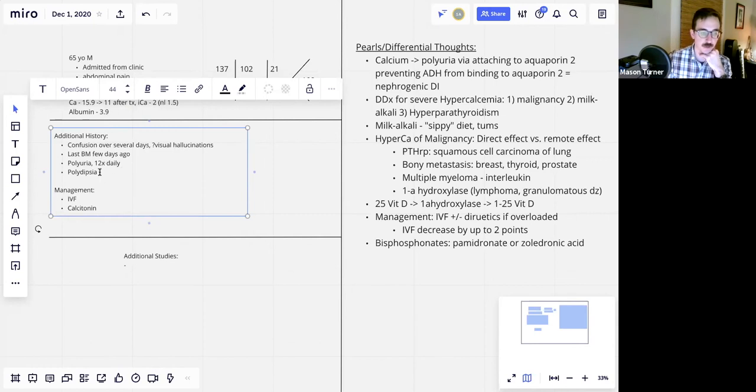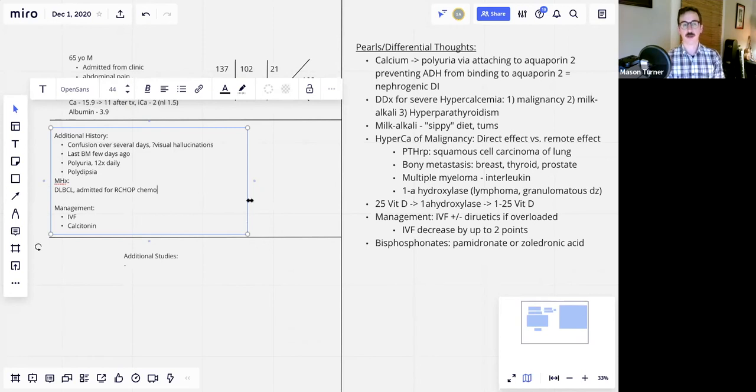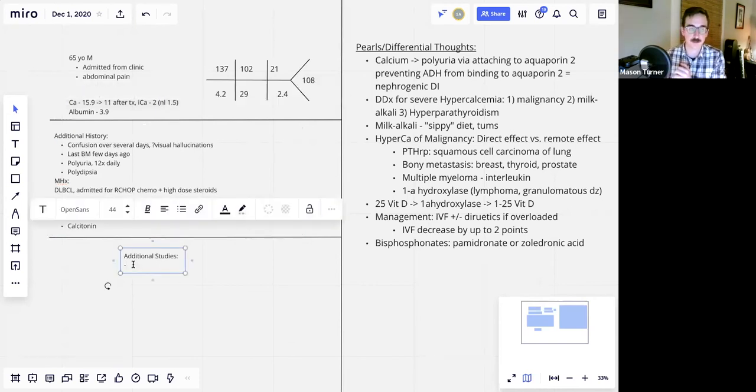So this was a gentleman with diffuse large B-cell lymphoma. He was admitted for R-CHOP chemotherapy the first time I saw him early in the month. And his calcium was uptrending just a little bit then. And we were treating him with chemo along with high dose, a component of which was high dose steroids. And actually, when we saw that uptrending calcium, Dr. Centaur mentioned, let's get a calcitriol level, let's get a 1,25 OH vitamin D level and see what it is.